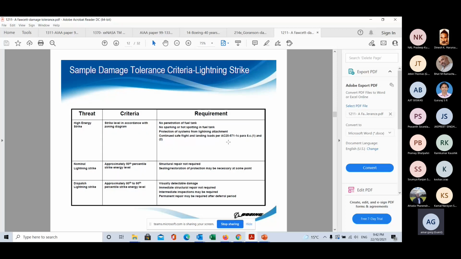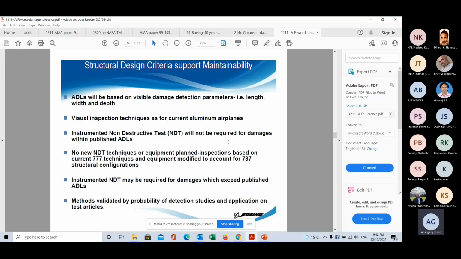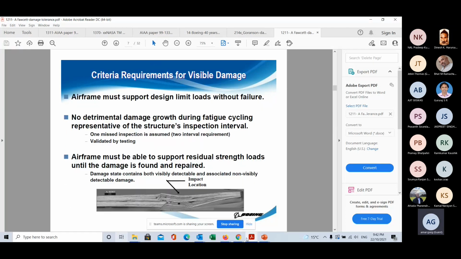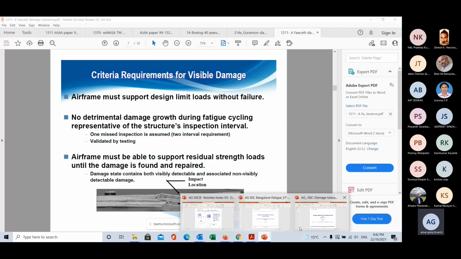But again, this is Boeing philosophy for the composite structures damage tolerance. Al Fawcett retired several years back. He was the authorized representative for composite structures. He was also a contributor to Millennium 17. He had a lot of experience. So again, this is an interesting paper. Okay, now this was good, again, showing the papers.